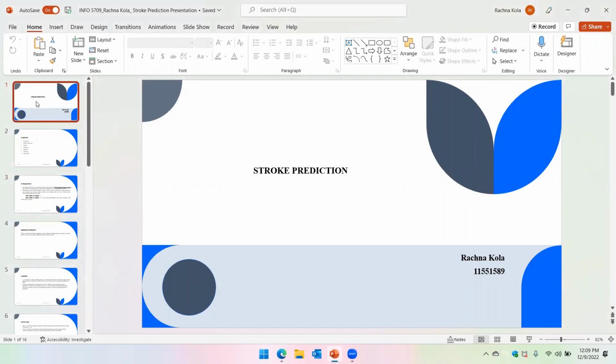Today I would like to present the topic of stroke prediction. I've worked on this project. Coming to the introduction, various machine learning models have been developed to predict the likelihood of a stroke occurring in the brain.